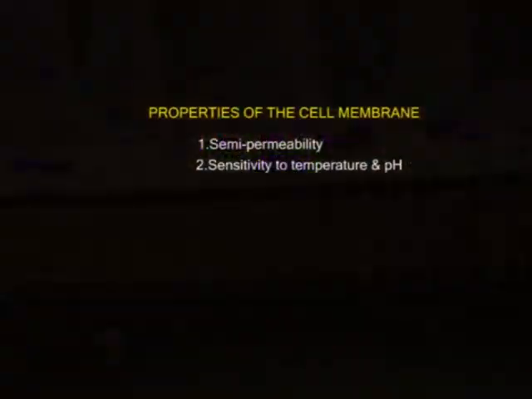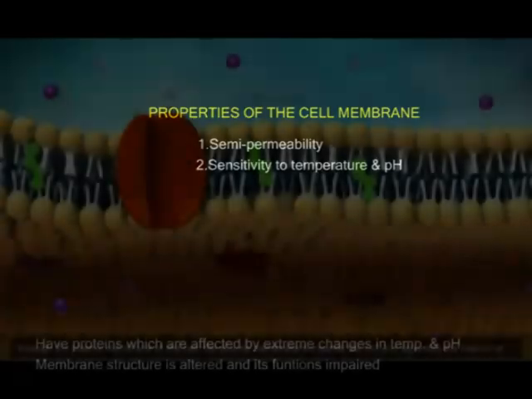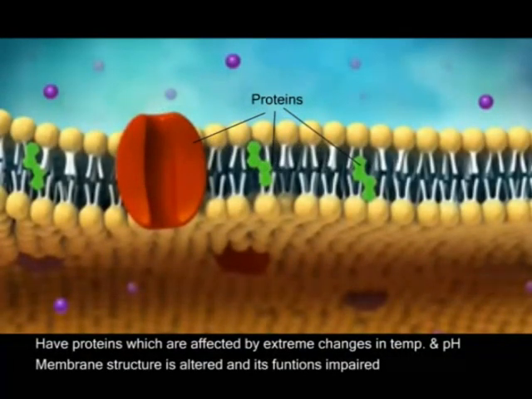Next, sensitivity to changes in temperature and pH. Cell membranes have a layer of protein, and these proteins are adversely affected by extreme changes in temperature and pH. Such changes alter the structure of the membrane, and therefore its normal functioning is hindered or affected overly.